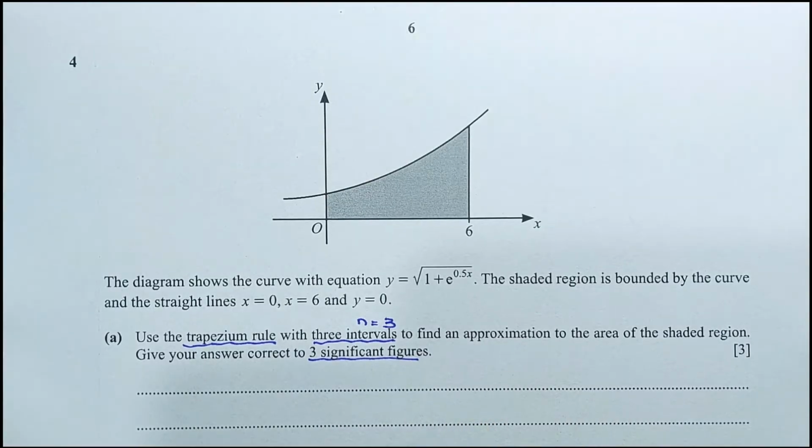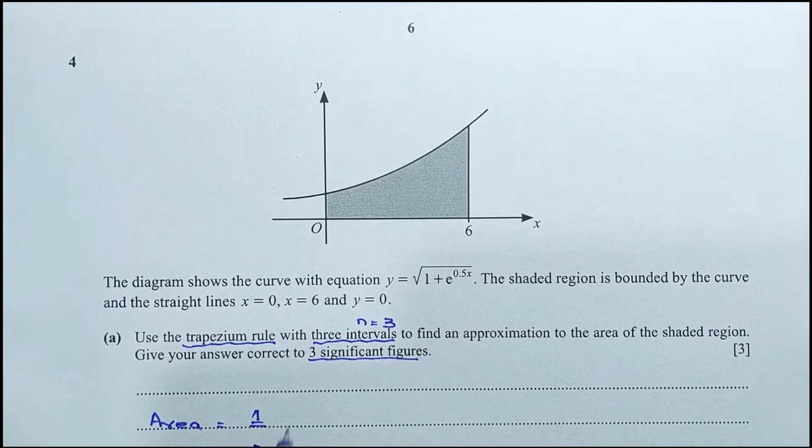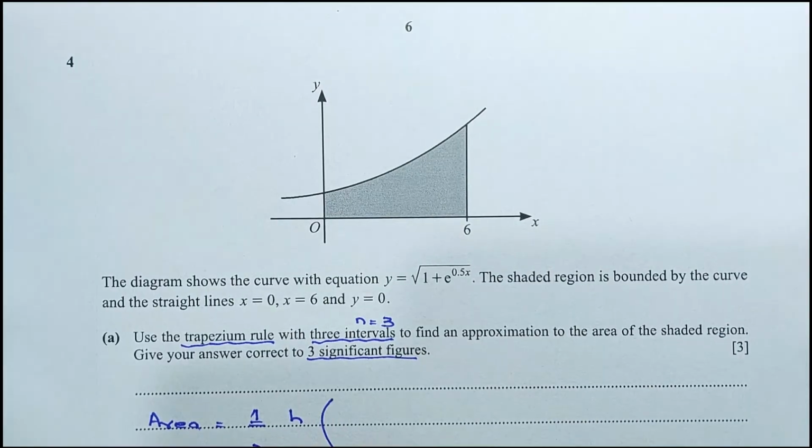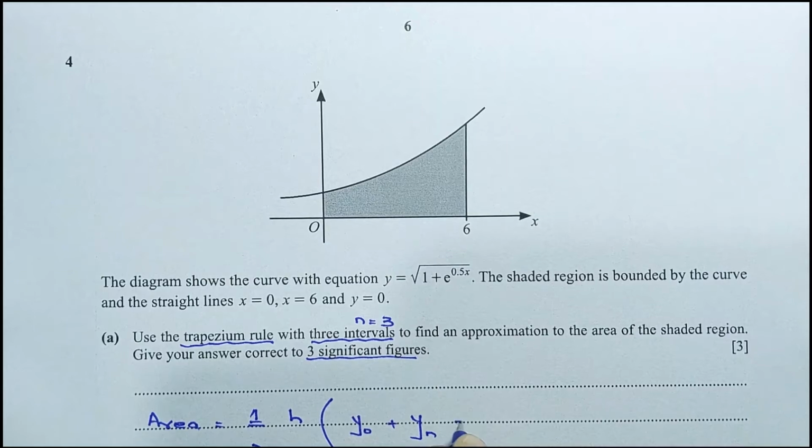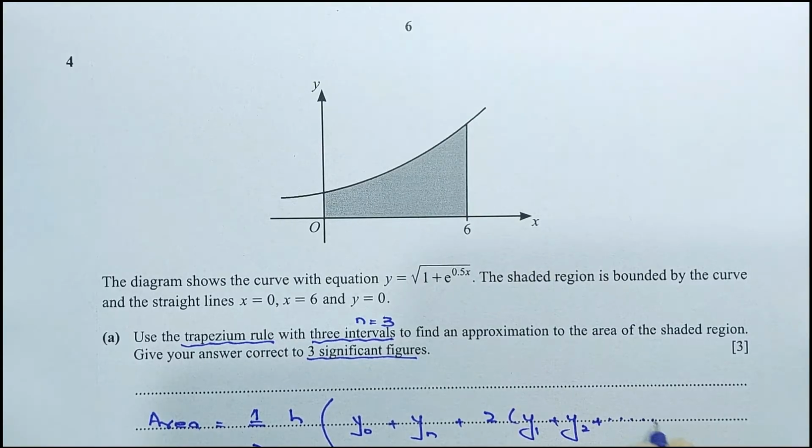So what is the trapezium rule? With the trapezium rule, we can find the area. It has a formula which is half times h into y naught plus yn plus 2 into y1 plus y2 plus so on up to yn minus 1.